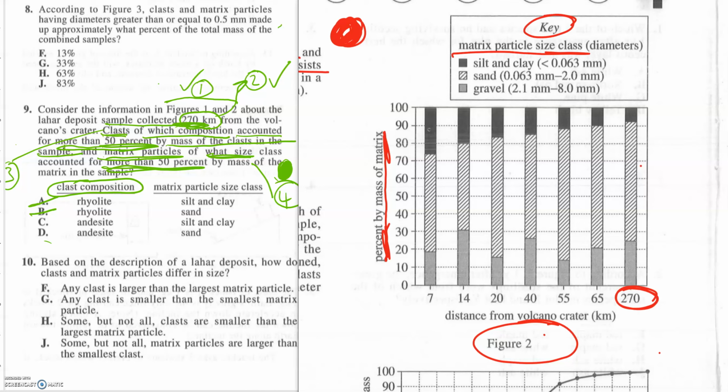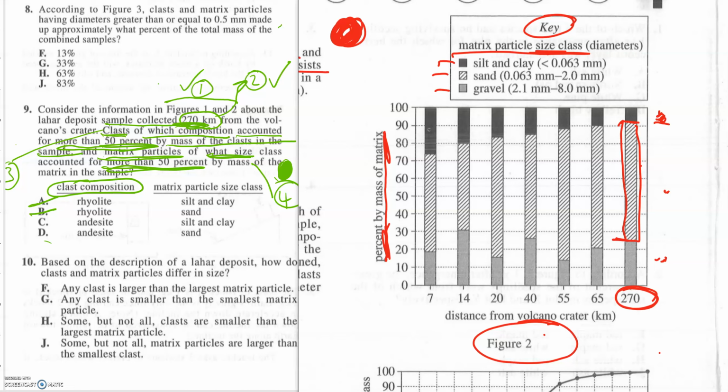Matrix particle size class. See how we're matching the words just to the graphs? Easy. And then we have silt, sand, and gravel. Again, all we have to do is find the biggest block. There's 3 of them, right? There's the dark one, there's a stripy one, and then there's a grey one down here. And obviously the stripy one is bigger. And again, if you want to really belabor the point, we'll make sure it's over 50%.